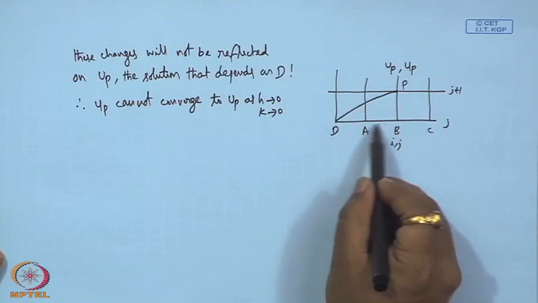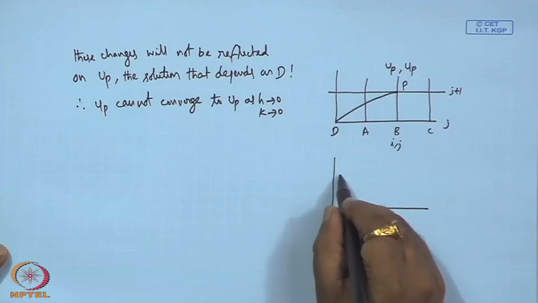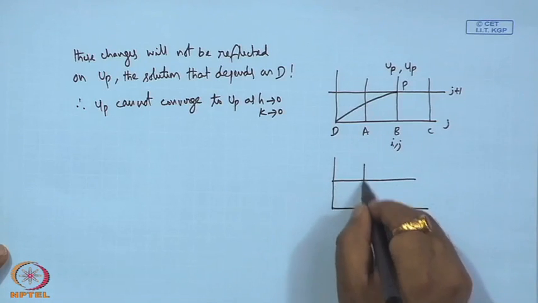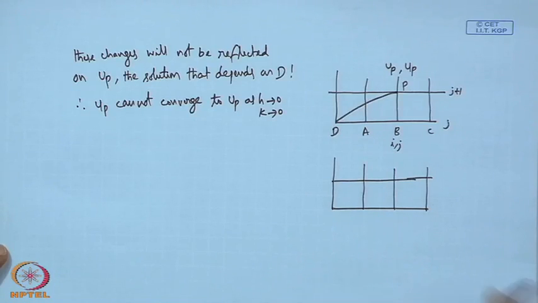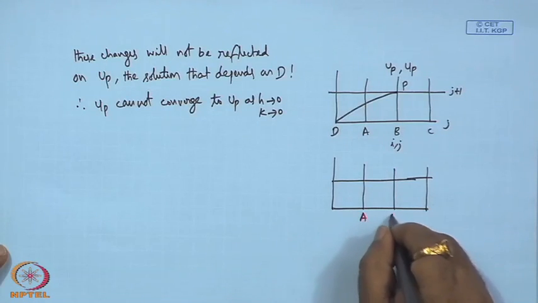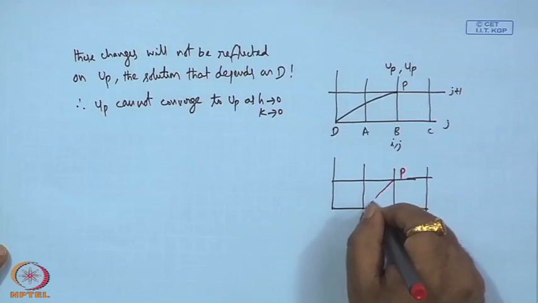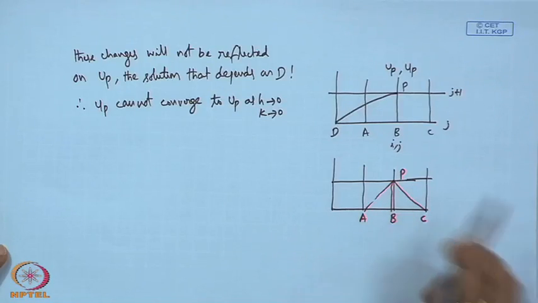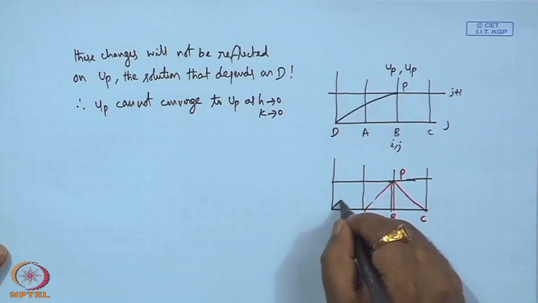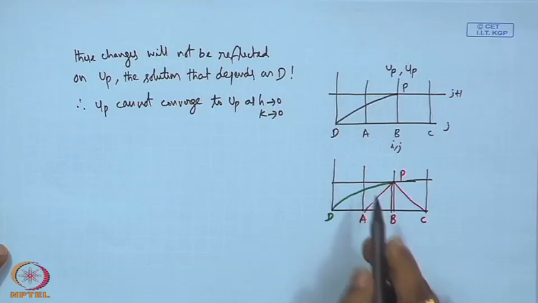This is possible only when D lies within this range. If D is any point, then what would happen? Consider this P, and this is our explicit method, while this is via the characteristic.